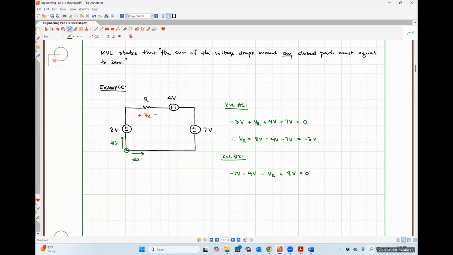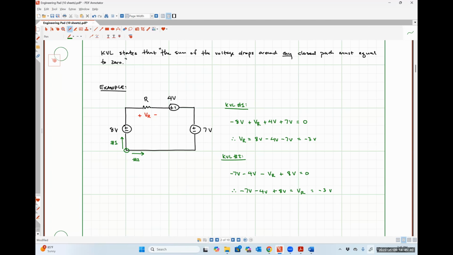So I set this equal to 0, and then I'm just going to rearrange, right? So I'm just going to move that VR over to the other side. So I would have negative 7 volts minus 4 volts plus 8 volts is equal to VR. And so from that, negative 7 minus 4 is negative 11, plus 8 is negative 3 volts.